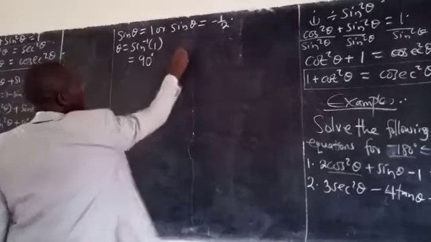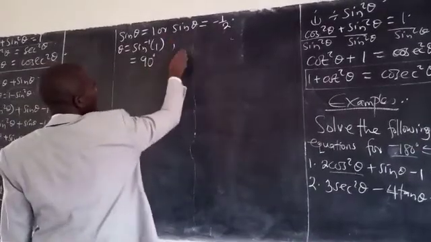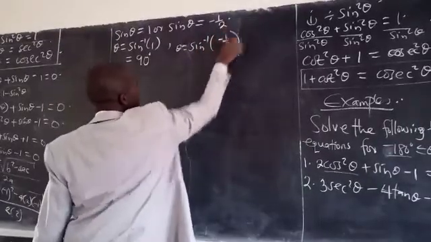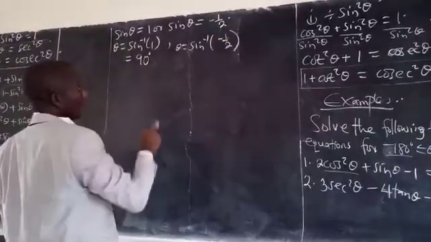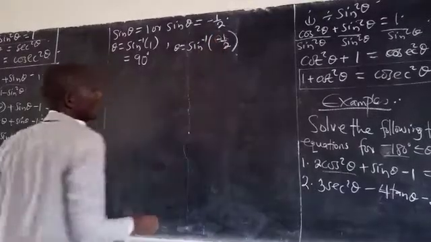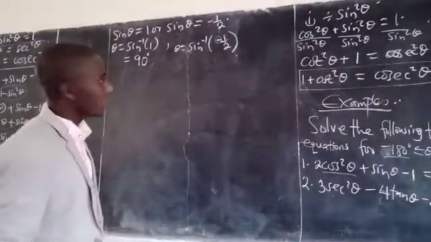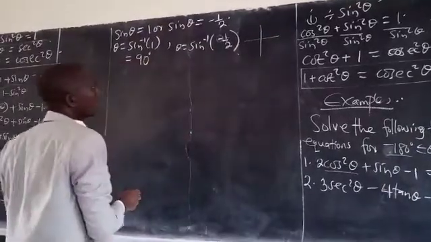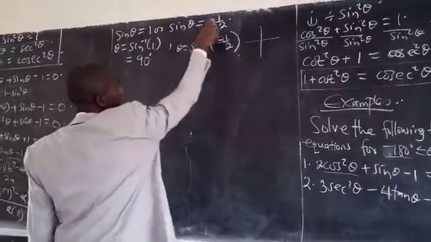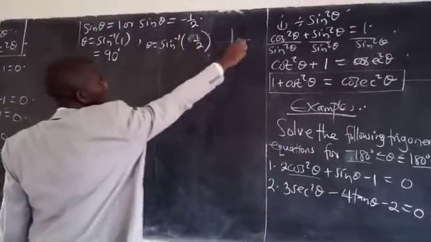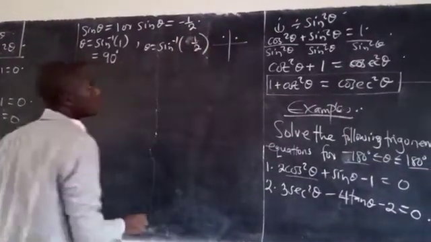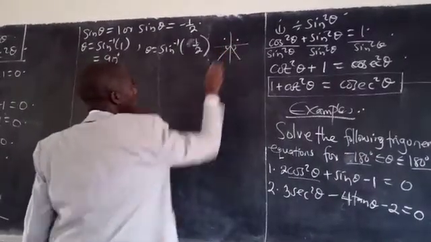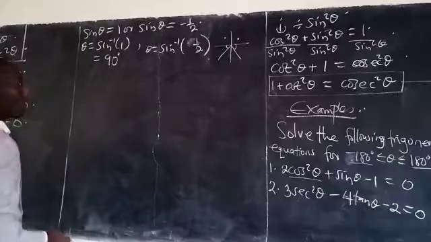Then if sine theta is negative a half, then theta is sine inverse of negative a half. And we said you first leave the negative. You look for the principal angle in the first quadrant. Since sine theta is negative, then the angles will not be here and here. So the angles that you get will be here and there. So what is sine inverse of a half?